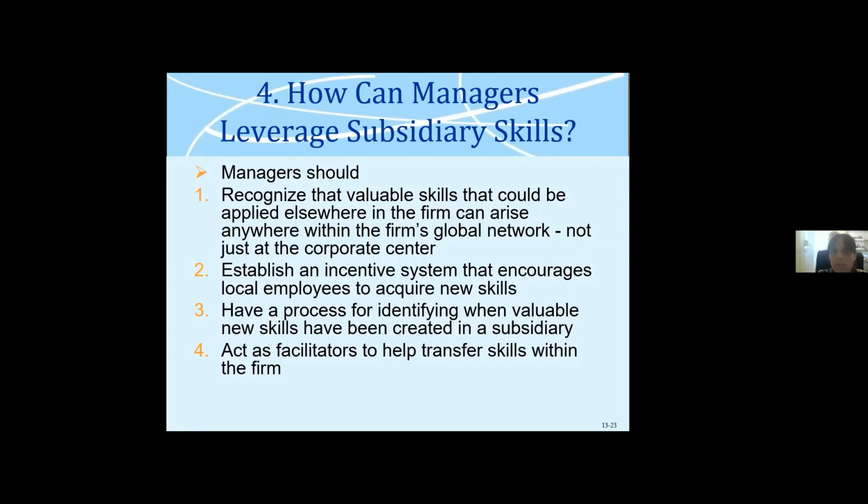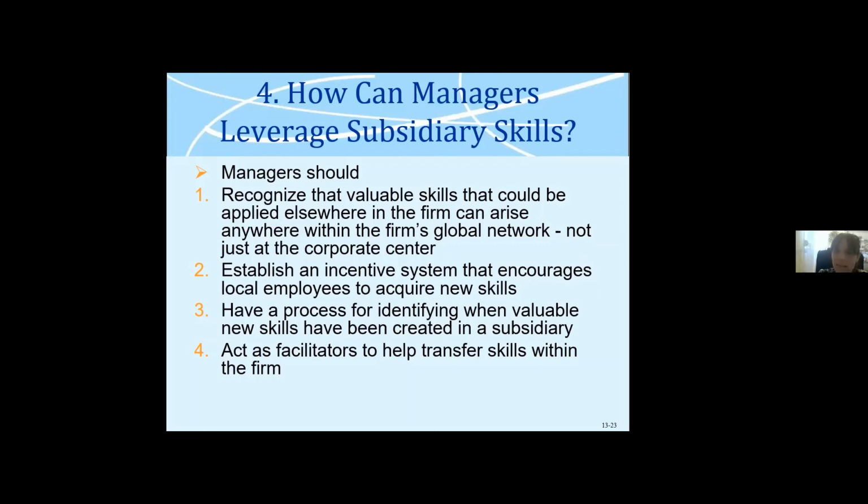Moreover, for the managers of the multinational enterprise, this phenomenon creates important new challenges. First of all, they must have the humility to recognize that valuable skills that lead to competencies can arise anywhere within the firm's global network, not just at the corporate center.